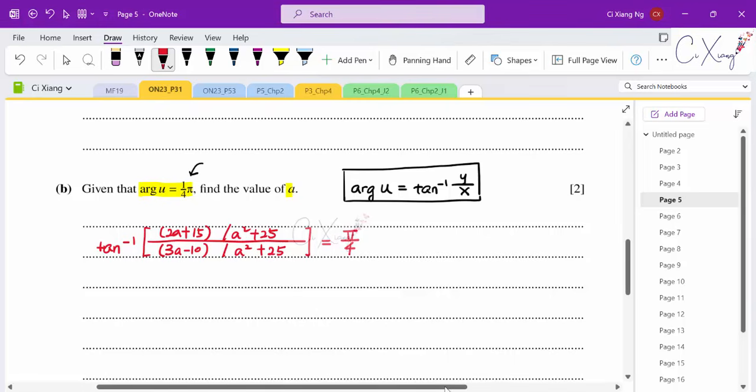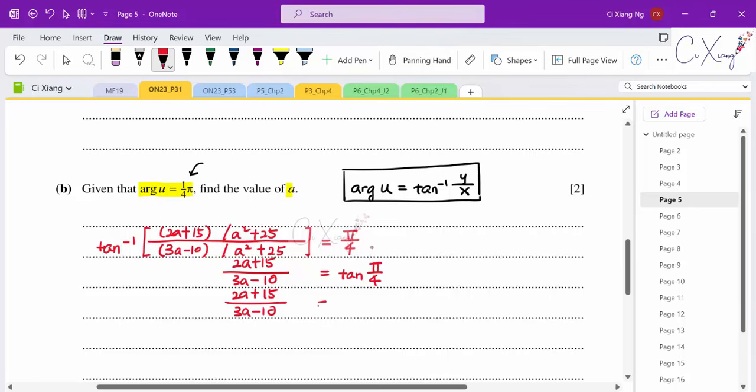Okay, then next step, I try to simplify the fraction in this tangent inverse. I will have 2a plus 15 divided by 3a minus 10 equals to, I bring the tangent inverse over, it will become tangent pi over 4. So I think from here, the question becomes very, very easy because you just need to solve this equation here.